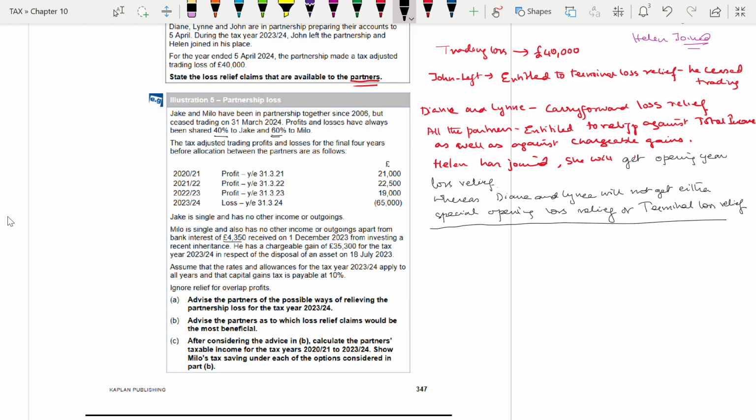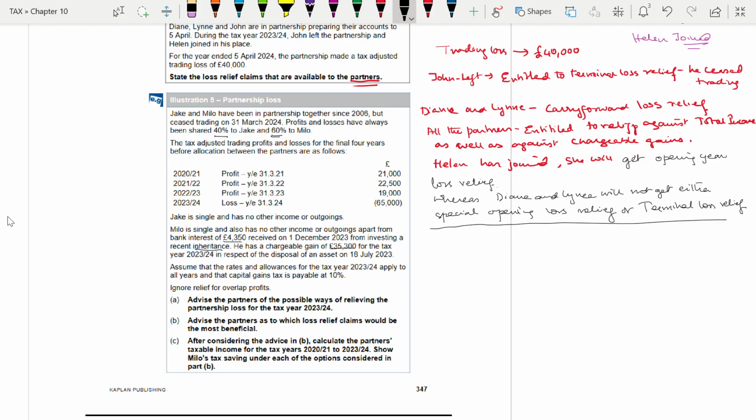On December 1st Milo is single and has no other income or outgoing apart from bank interest received on 1st December from an investment in inheritance. Inheritance means you got it from our forefathers. He has a chargeable gain of 35,300 for the tax year in respect of the disposed assets.